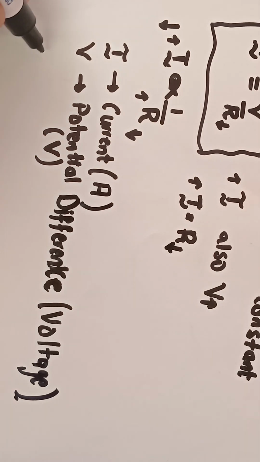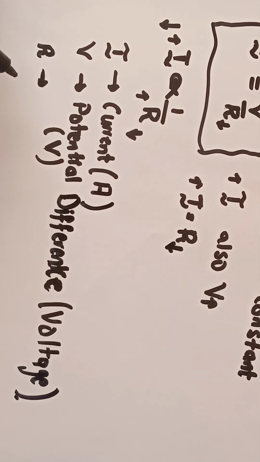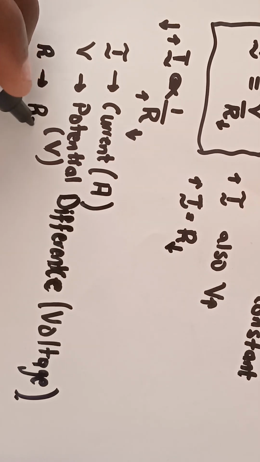So R is just the resistance across a conductor.